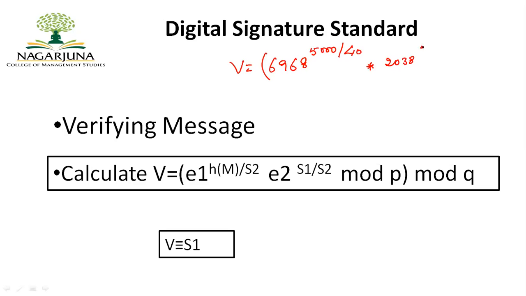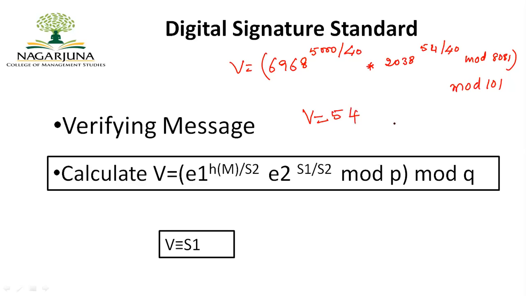So S1 is 54, and S2 value we have generated is 40. Then the entire thing you perform a mod operation with your P, which is 8081, and this entire equation is again performed a mod operation with your Q, which is 101, which results in 54.